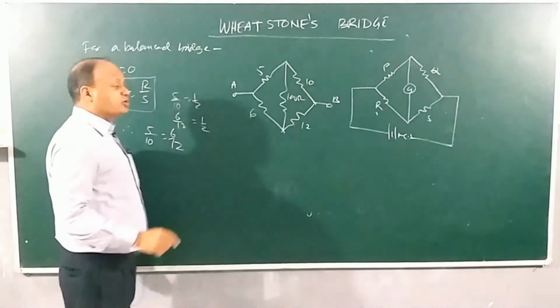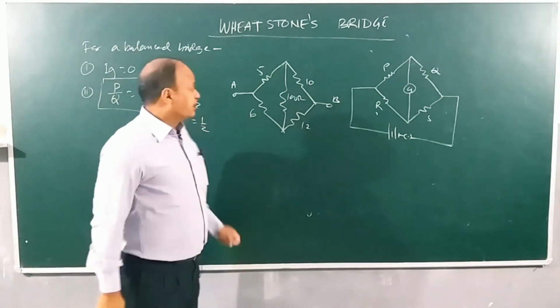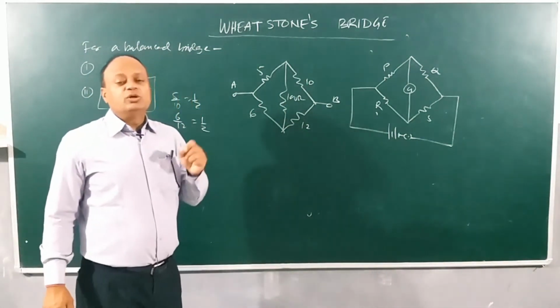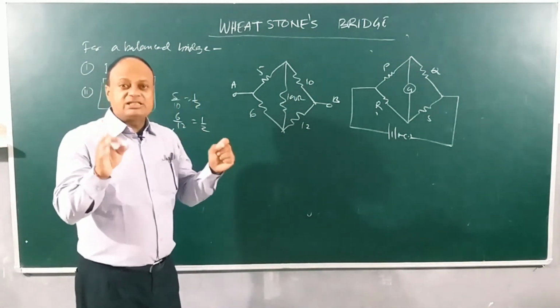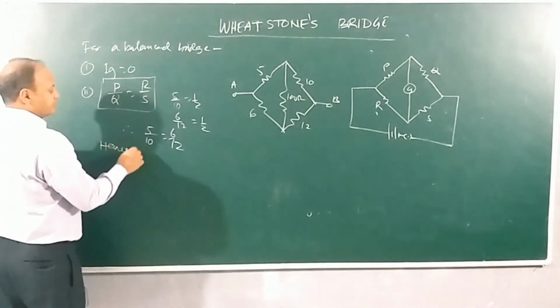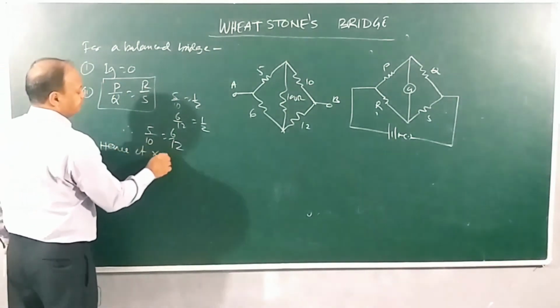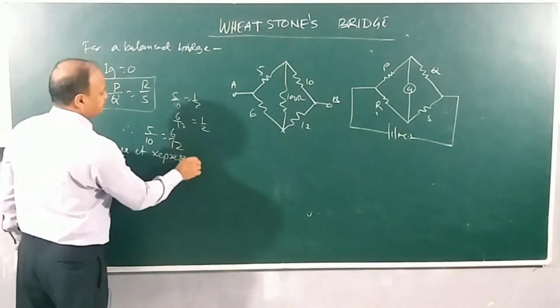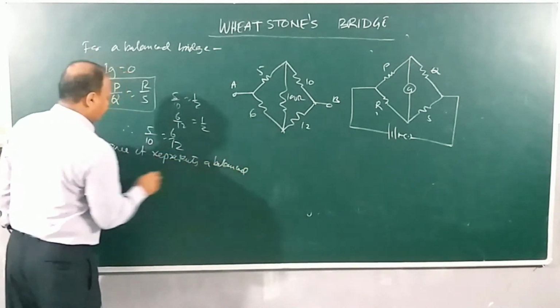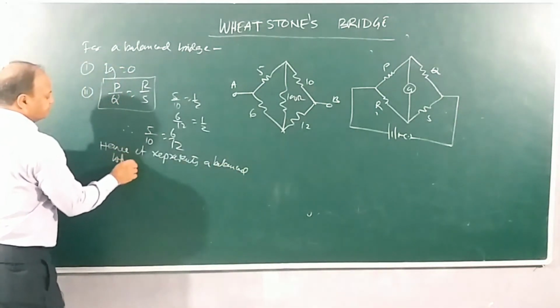And the moment you come across this conclusion, the ratio of resistances in the adjacent arms is same. So it represents balanced Wheatstone's bridge. So I'll say hence it represents a balanced Wheatstone's bridge.